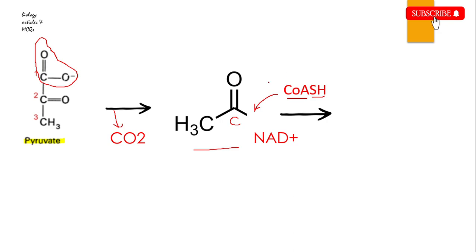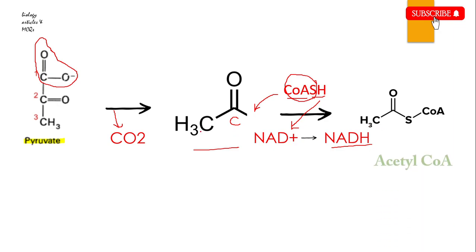The CoA will only attach its CoAS portion here, but this hydrogen will be received by NAD positive, and this NAD positive will then be converted into NADH. After all these conversions, the final product of step 1 will be produced, that is called acetyl CoA. Here you can see that there is a CH3 and a C double bond O along with this CoAS attached to it. Here the pyruvate is converted into acetyl CoA.